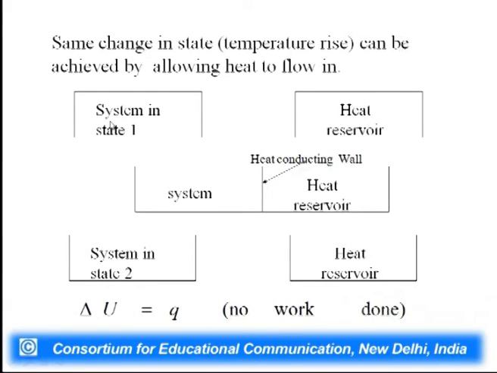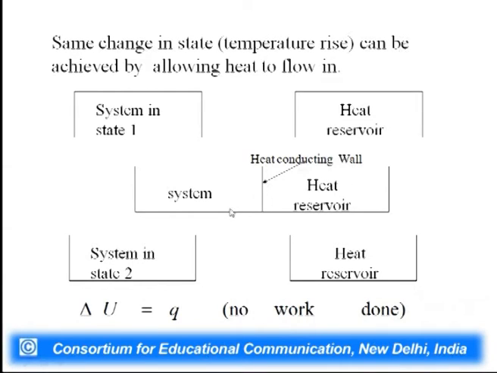What you do is you bring this system in contact with the heat reservoir. When you do that, heat will flow from the hot object to the system, and then the system energy or system temperature can be increased.